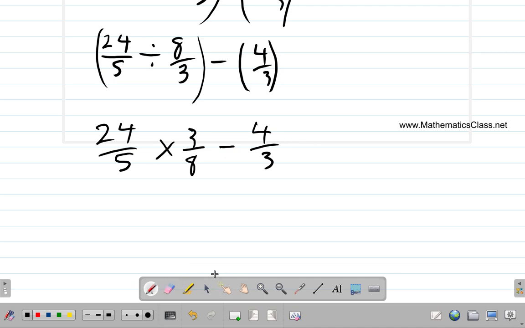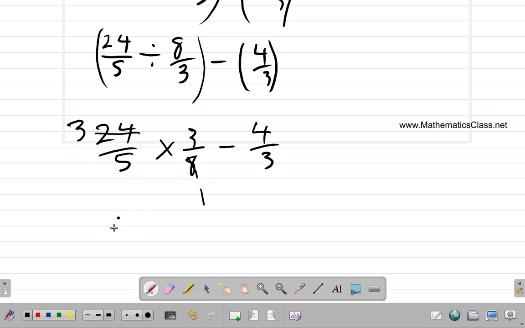Now, you see that you can actually divide down here. You can say how many 8s are in 8. There's 1. And how many 8s are in 24? There are 3 8s in 24.